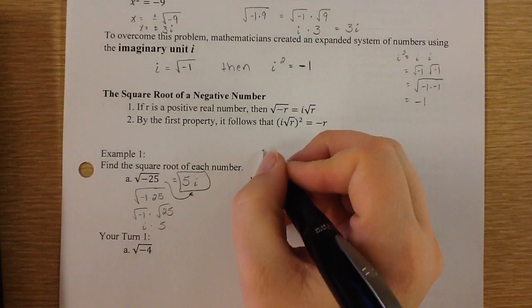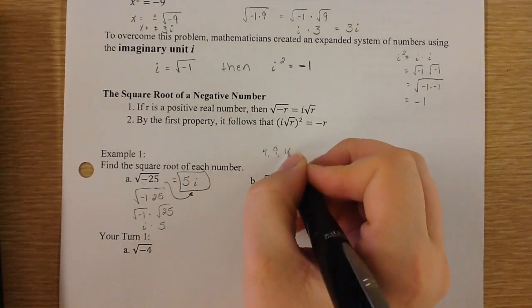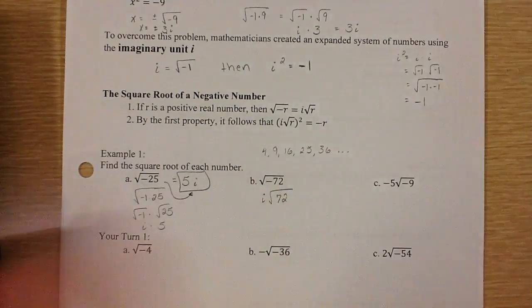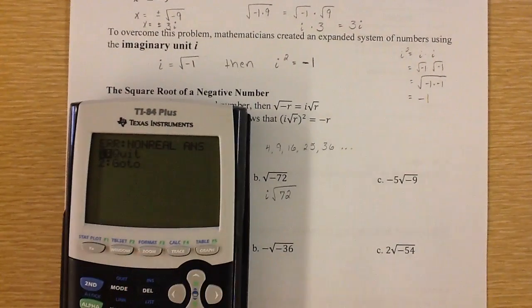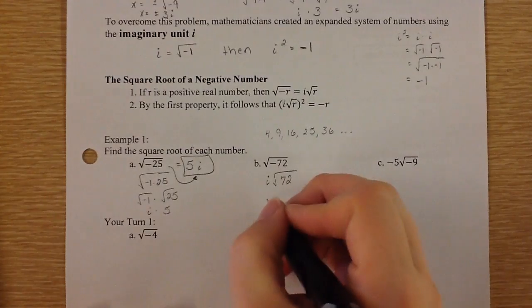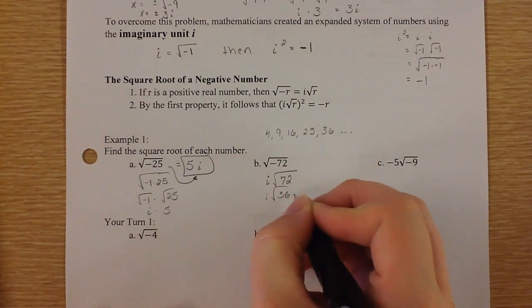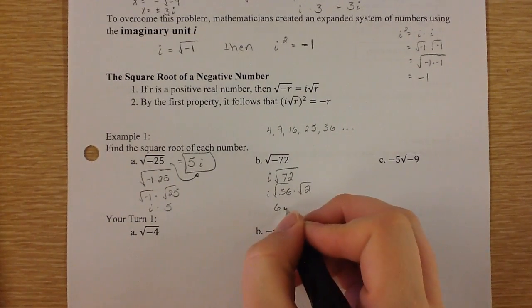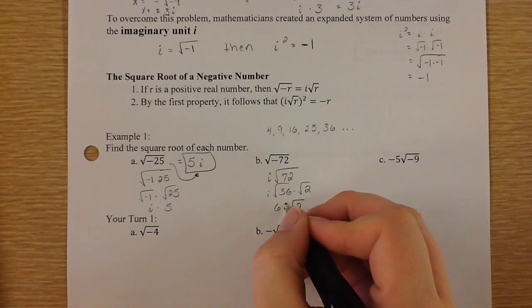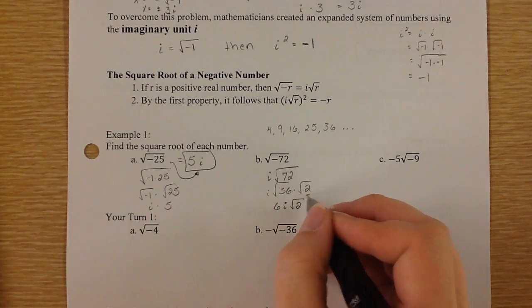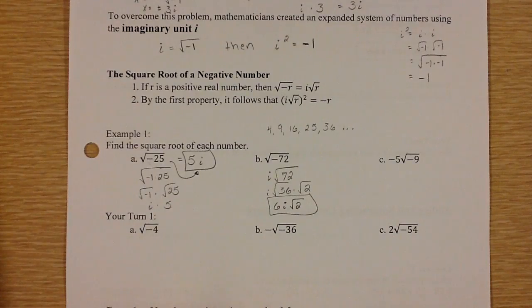Remember our perfect squares are 4, 9, 16, 25, 36, and so on. I think 36 goes into 72: 36 and 2. So I'd have i times the square root of 36 times the square root of 2. The square root of 36 is 6, so we'd have 6i times the square root of 2. We normally always put the i behind the number, so we have 6i square root of 2.